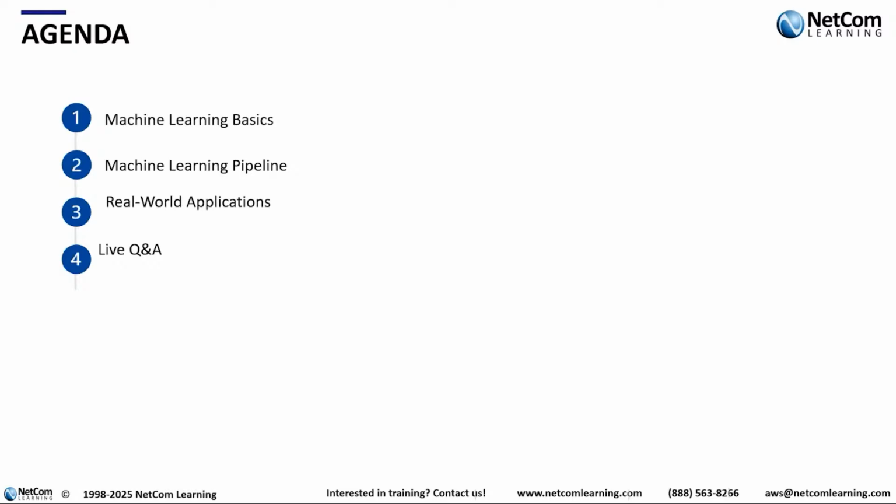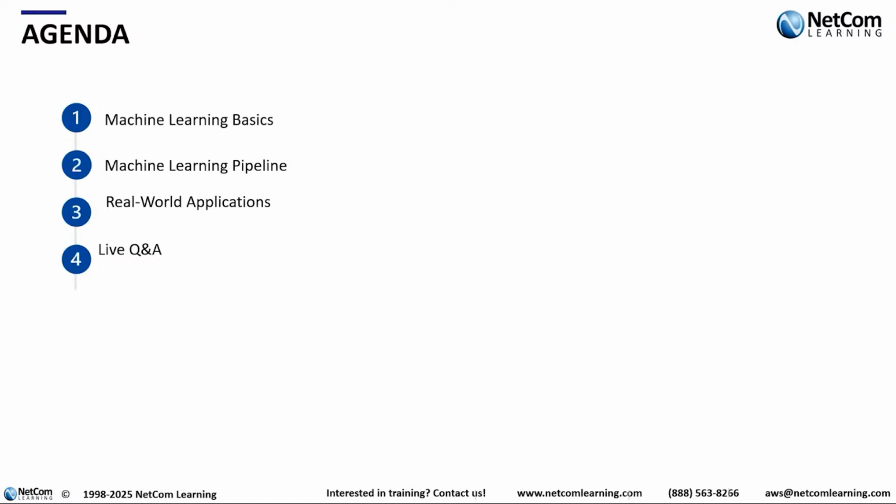Then after that, we're going to explore real-world applications of machine learning. So we're going to highlight examples of how businesses across various industries are actually using machine learning to solve problems and create value. After that, we're going to provide an overview of AWS machine learning services. So you'll learn how AWS makes machine learning accessible by offering all of our managed services.